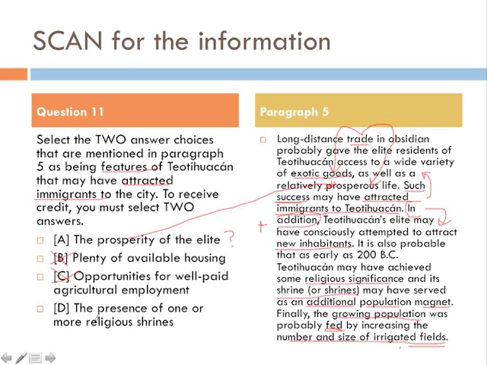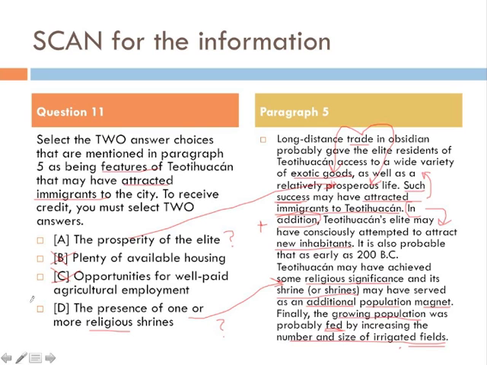Moving on to D, it talked about the presence of one or more religious shrines. Well, once again, we go through and notice that religious significance and the shrine or shrines may have attracted different people. So D looks like a pretty good choice too.